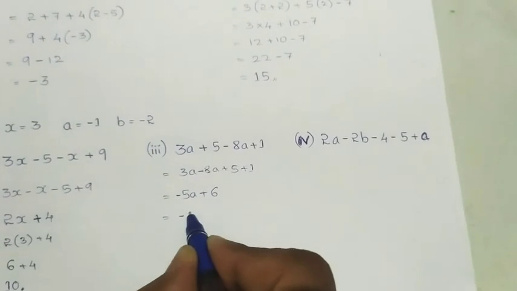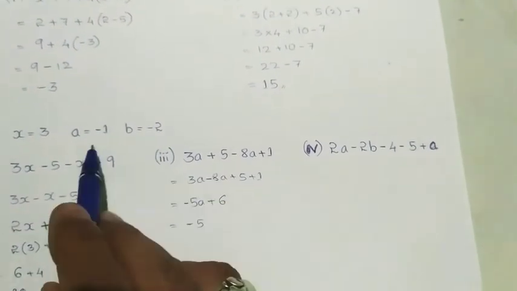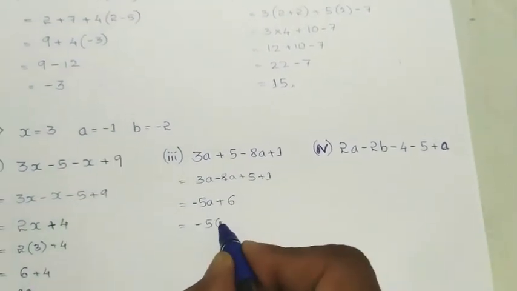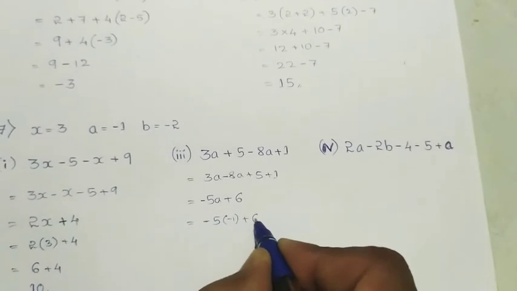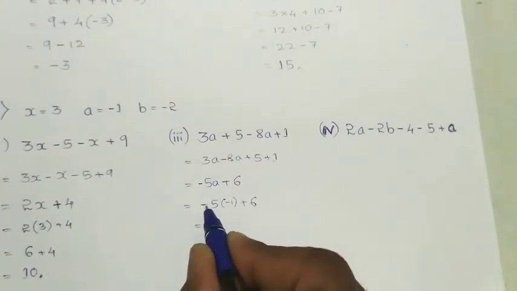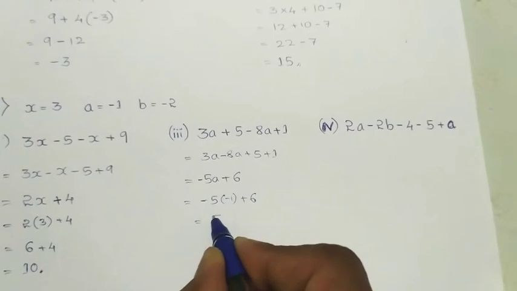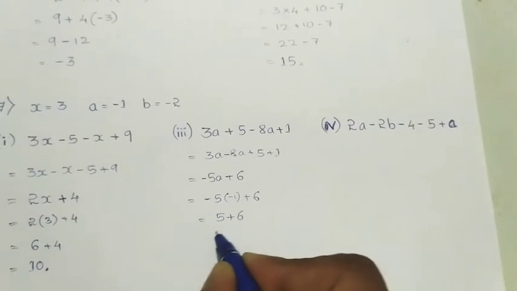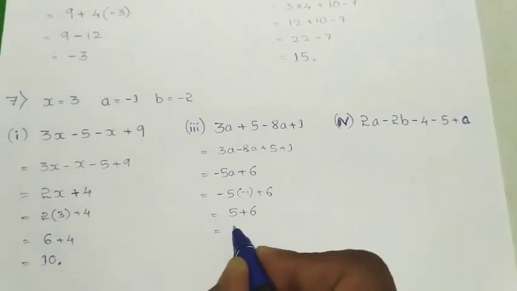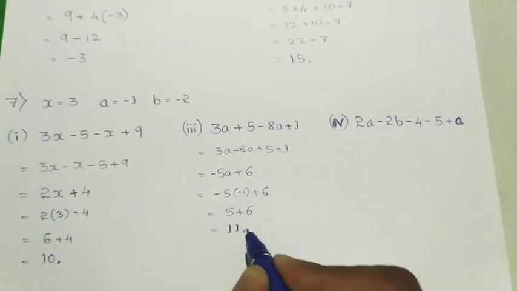So substitute the value of a. What is the a value here? Minus 1. Plus 6. So here minus into minus is plus, 5 ones are 5 plus 6. So 5 plus 6, our answer will be 11.